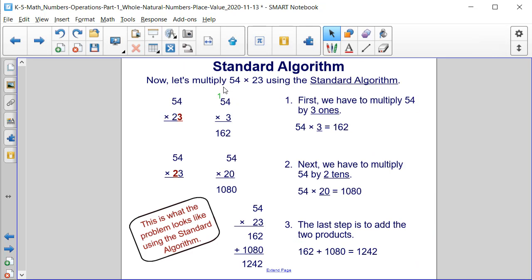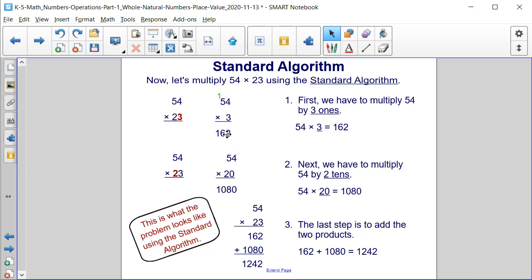Now let's multiply 54 and 23 together using the standard algorithm. So we have 54 times 23. First, we have to multiply 54 by 3 ones. So 3 times 4 gives us 12.